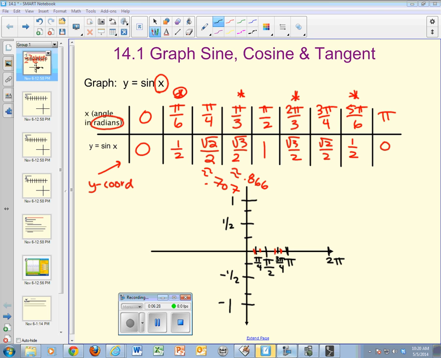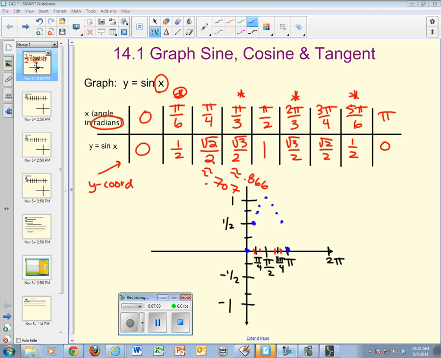So you take some time right now and graph each of those points that we have. What do those points look like when you put them all together?